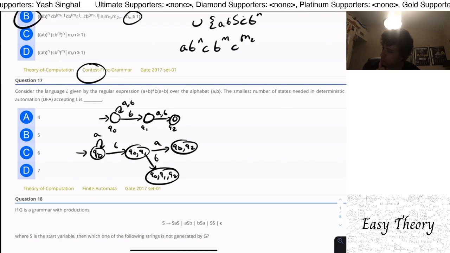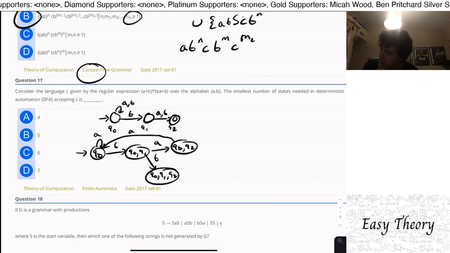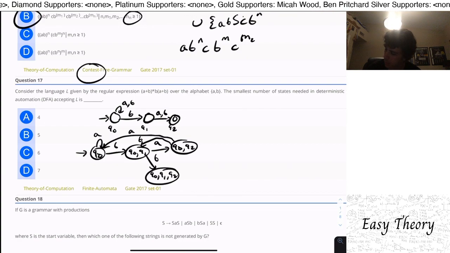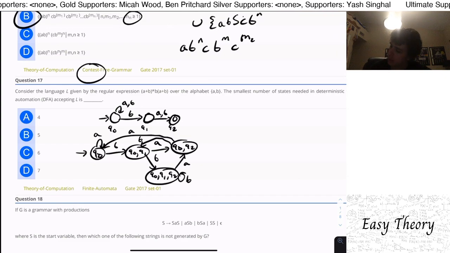Q0, Q2 would go back on A like that, I think, and go back to here on B. Q0, 1, and 2 would do the same thing that Q0, Q1 did.